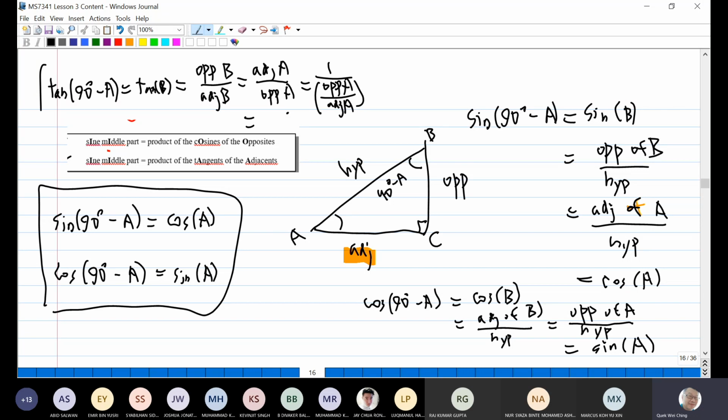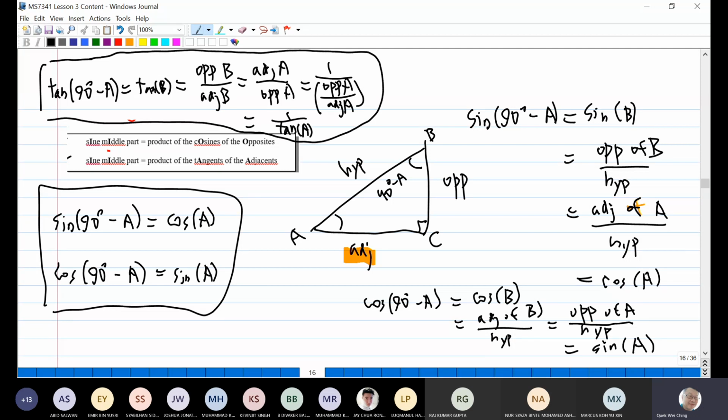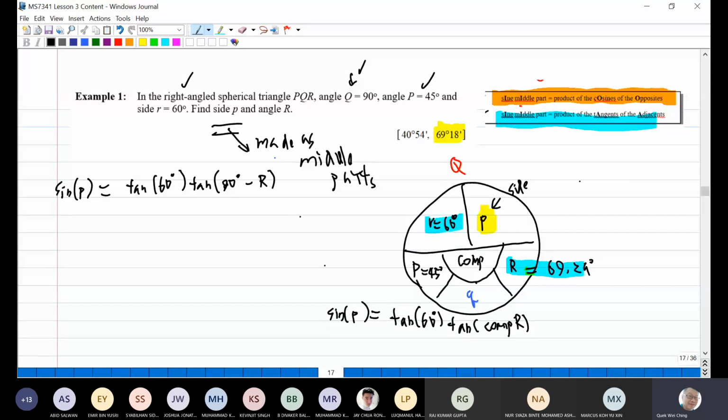So this is 1 over tangent A. So this is another way you can simplify. Tangent of 90 minus A is 1 over tangent A. So you can make use of that and come to a good calculation here.